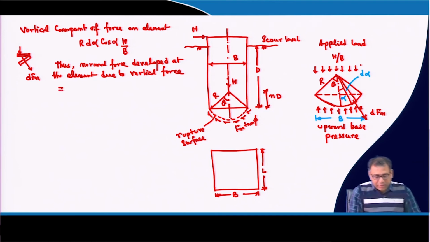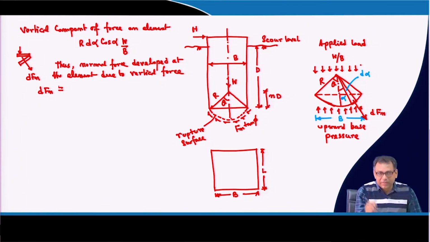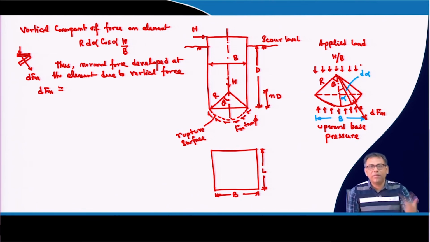Again remember that this is the vertical component of the force on the element, but we want to determine dFn, which is the normal component of the original element. We know the vertical component, and dFn is the normal force, so again we have to multiply with cos alpha.